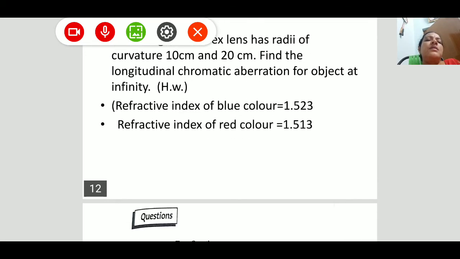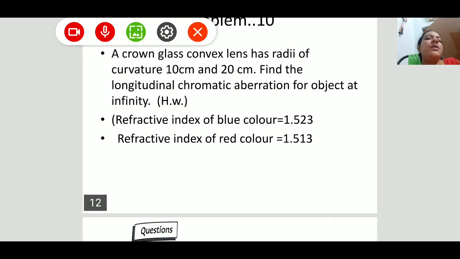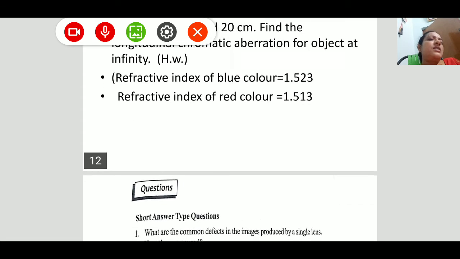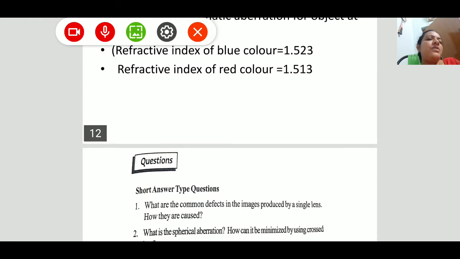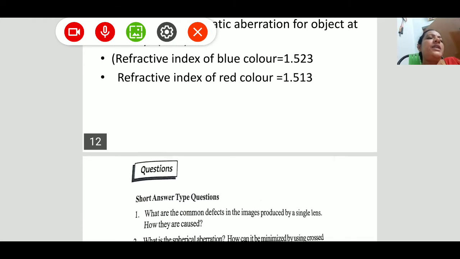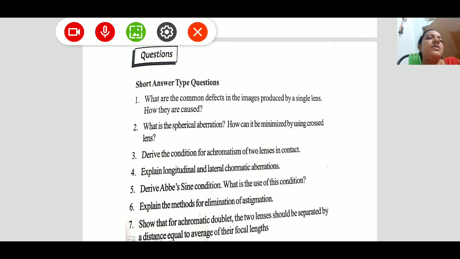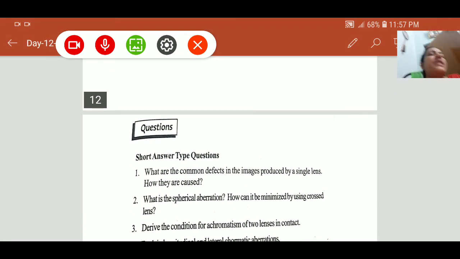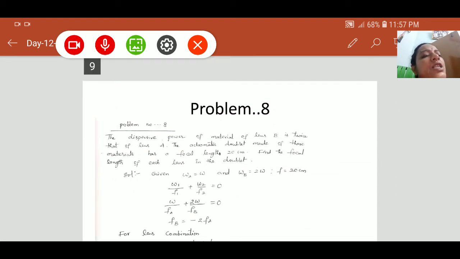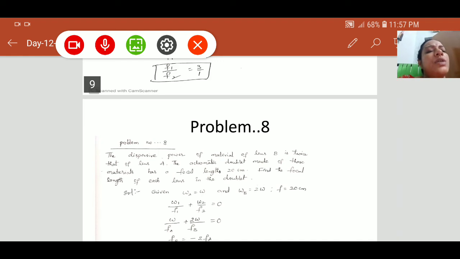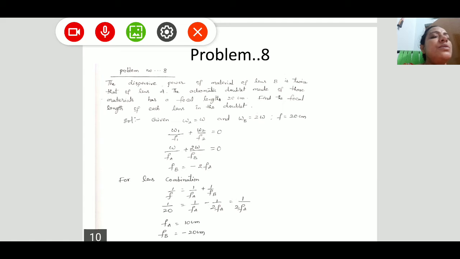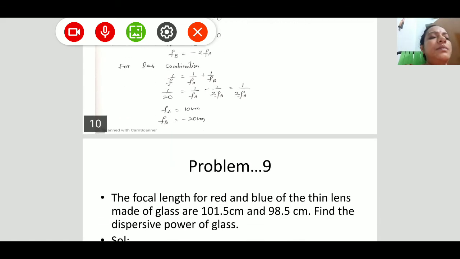Crown glass. Here also chromatic aberration at infinity. Just search, write down the formula and calculate what you need to solve this problem. Get the answer. These are the different types of problems. You just practice so many problems, hence you get some ideas to solve the problems very easily.